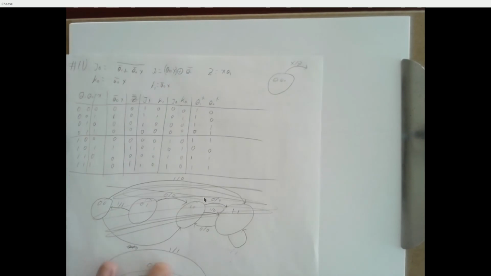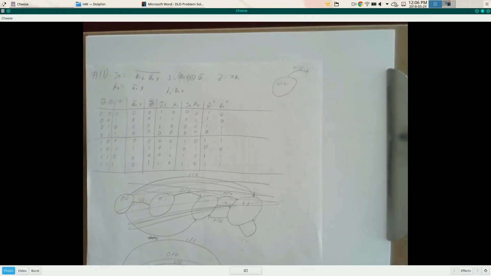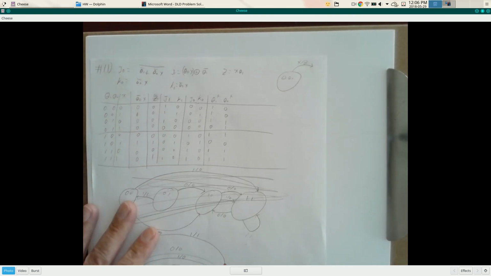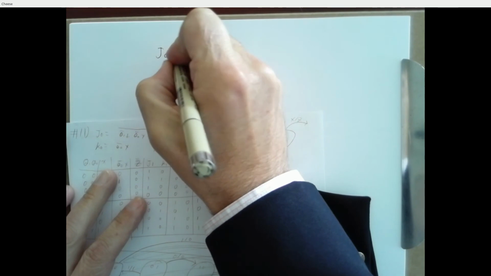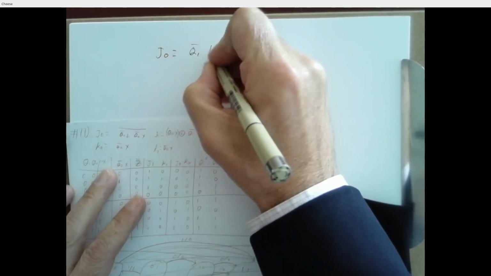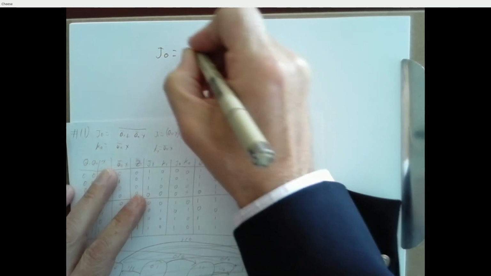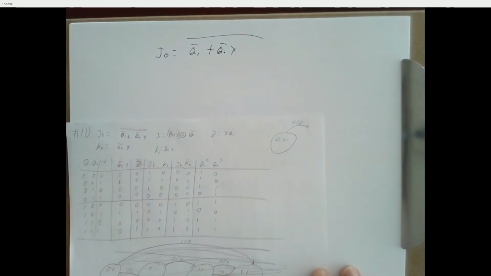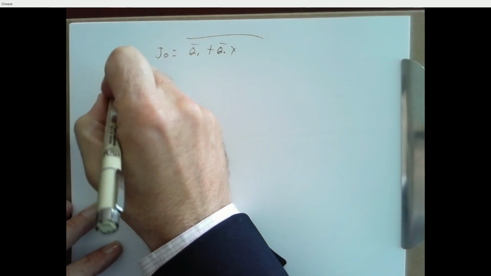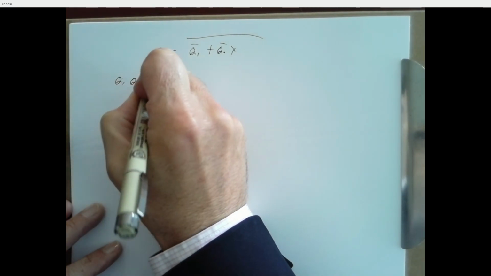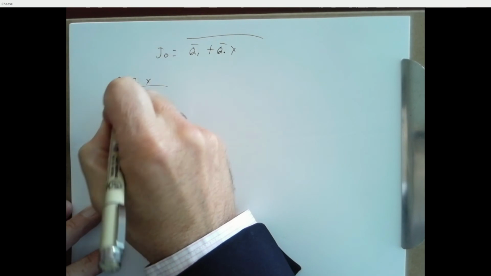Along those lines, something that I did see that I do want to mention so that you can try to do something different. For example, you come up with an equation like, let's say, J0 equals Q1 bar or Q0 bar X, all barred. And you're filling in your truth table. So you've got Q1, Q0, and you might have these in whatever order.